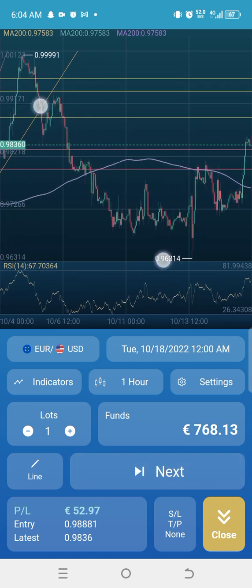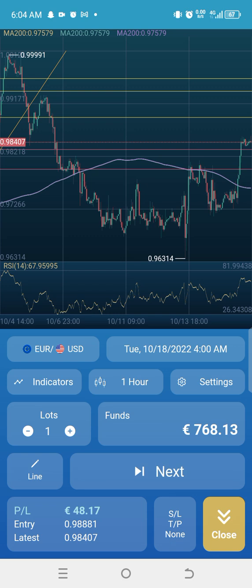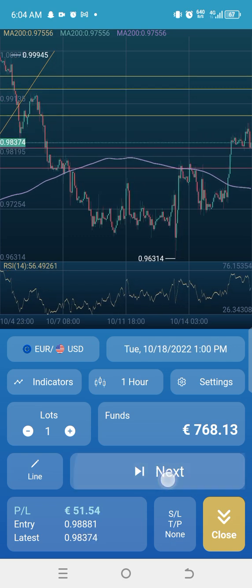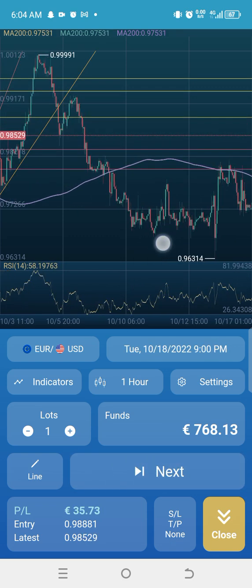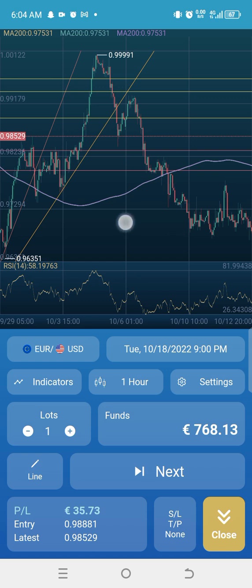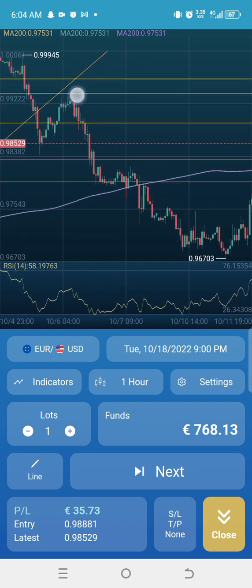See, price is going up. My stop loss is here, this area here.